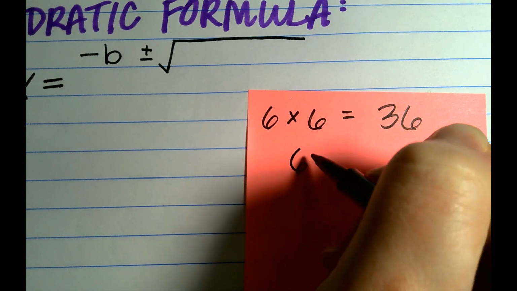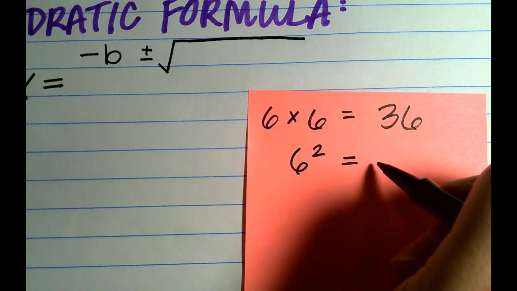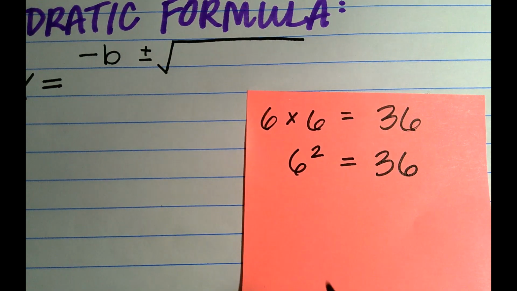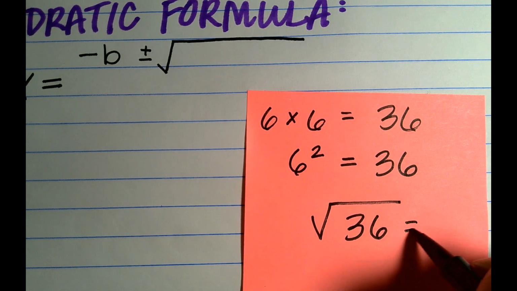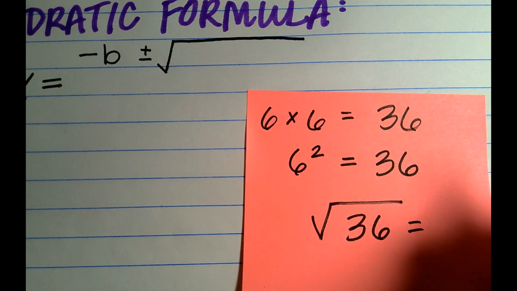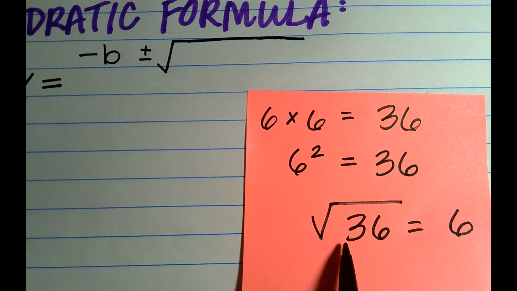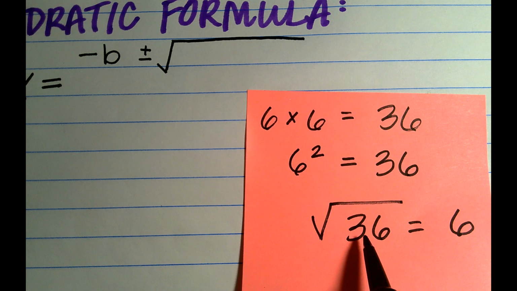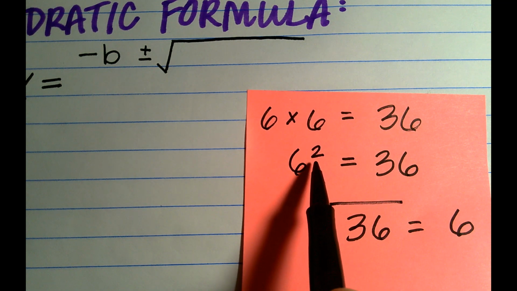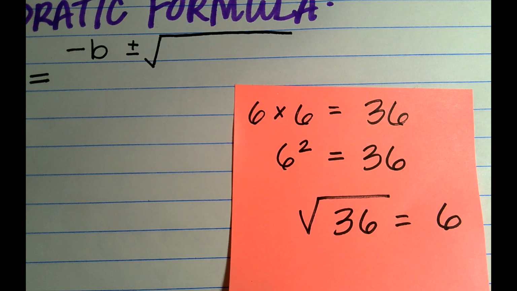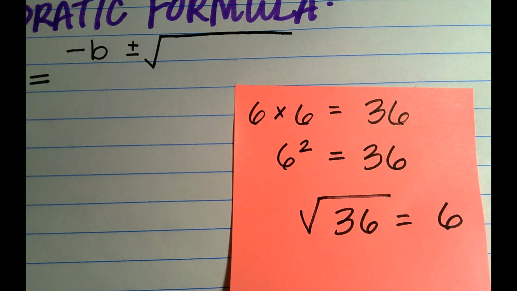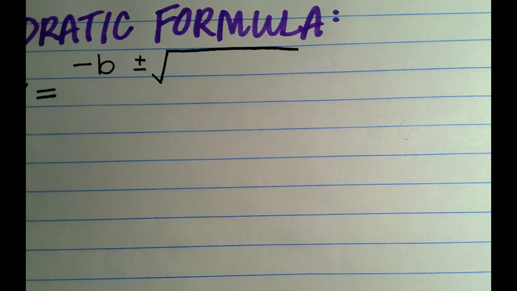So 6 squared is 36. So the square root of 36 is 6. This just means, what number can I multiply by itself to get to 36? 6. It's the opposite of squared, square root. We see that?